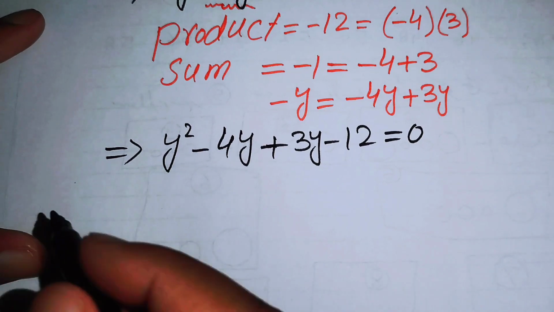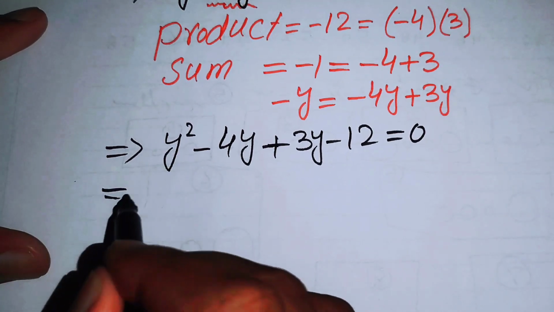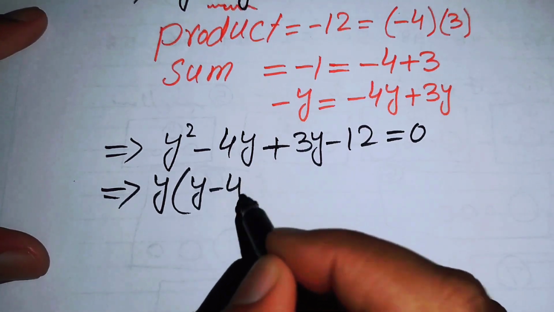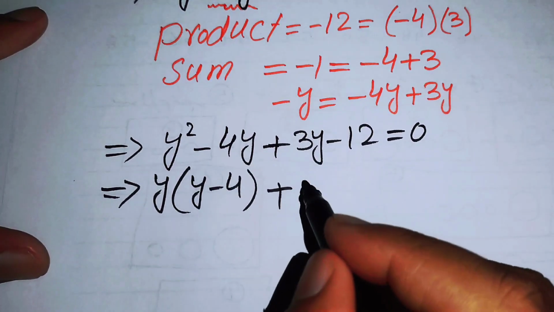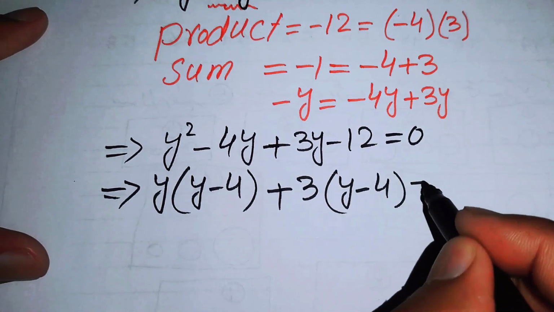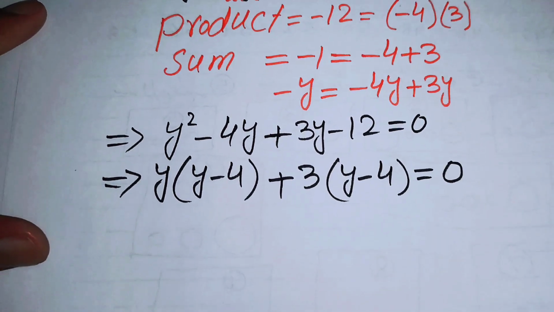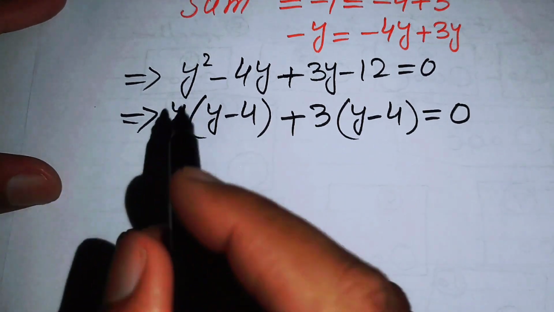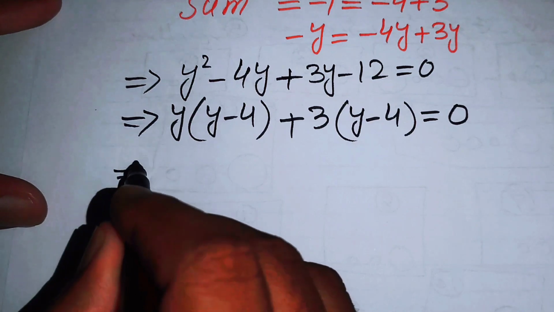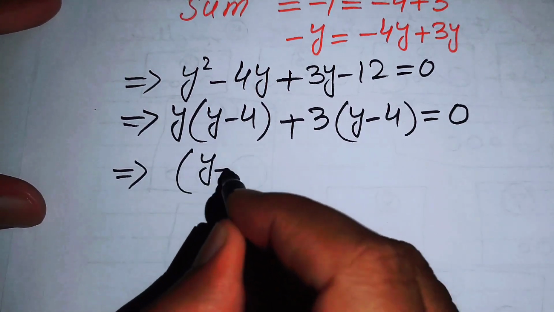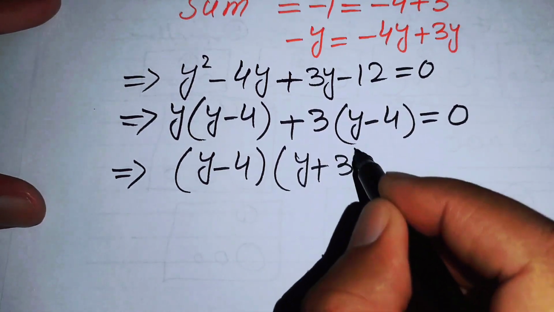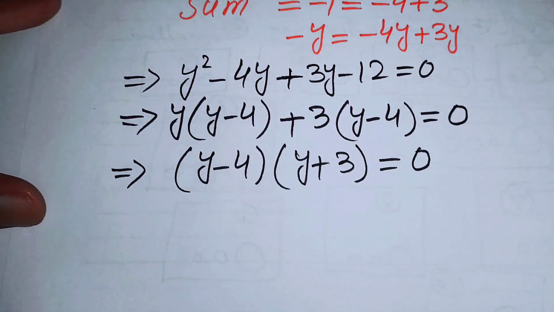Now we will make the factors of this equation, and here first we take common y, and you will get y minus 4, and plus we take common 3 and we will get y minus 4, and this whole equation is equal to 0. Now you see that we have y minus 4 as the common term, so we will get y minus 4 times y plus 3 is equal to 0.